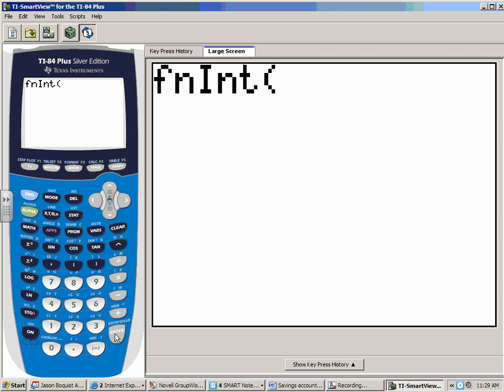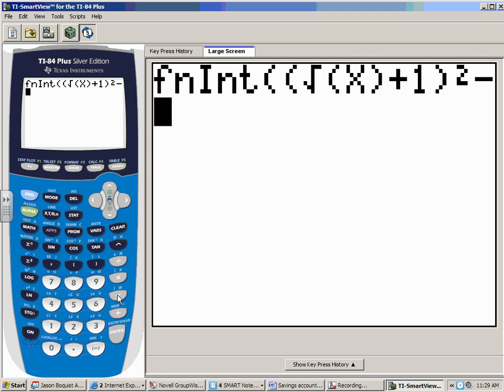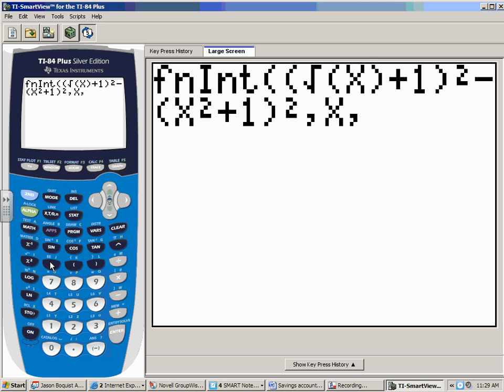And there we go, square root of x plus 1, squared minus x squared plus 1, squared. Again, comma x, comma, is it still 0 to 1? Yep.